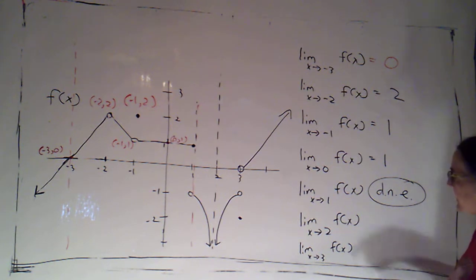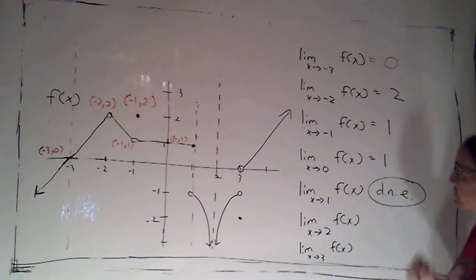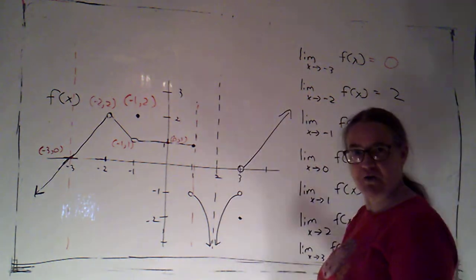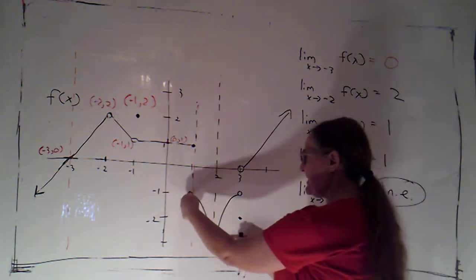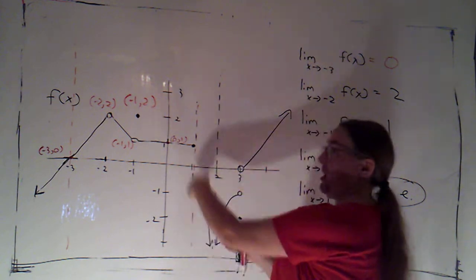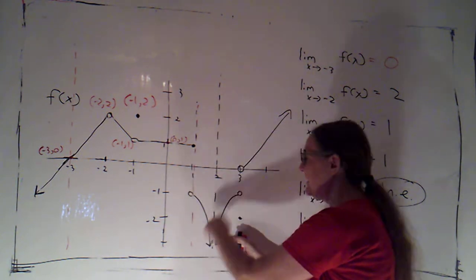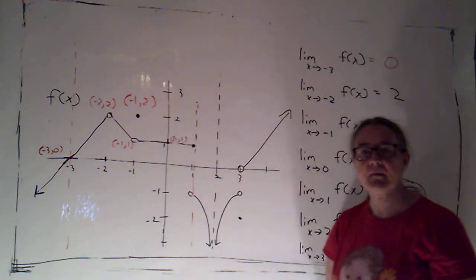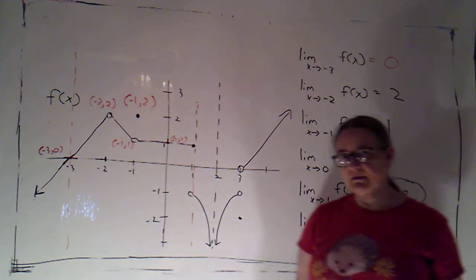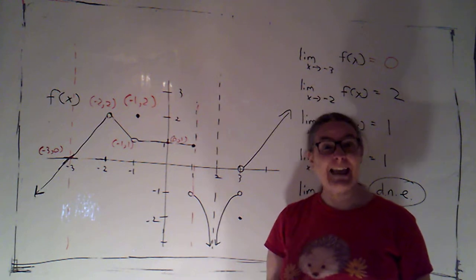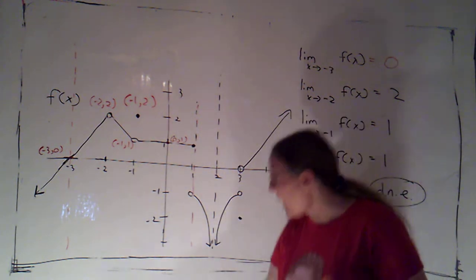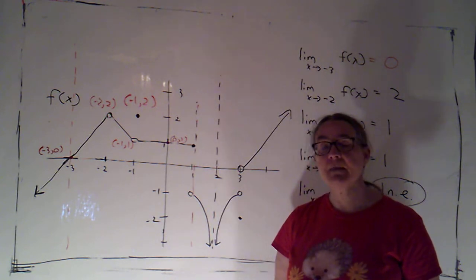All right. Now as we approach 2, this is kind of interesting because I've got a vertical asymptote at 2. So I can see, coming in from the left, we just keep going infinitely far down. And coming in from the right, we're going infinitely far down. It might be tempting to say that the limit is therefore negative infinity, because my y values do go off towards negative infinity.